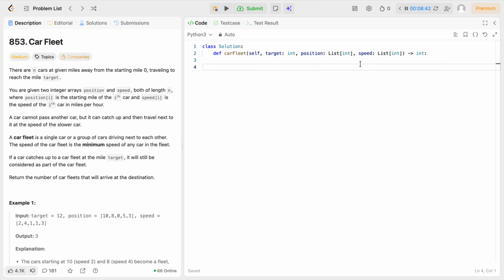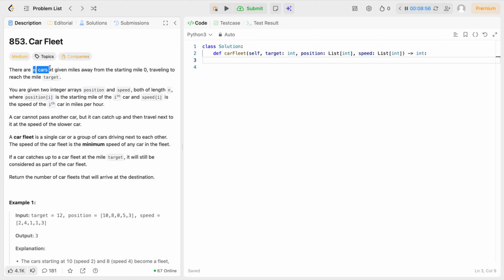Okay, now just going over some questions. The target, can it be 0? What's the range of the target? And how many cars can there be? Can there be 0 cars? I guess there would just be 0 fleets that arrive at the destination then. What's the maximum number of cars? Positions and speeds would be of length n.